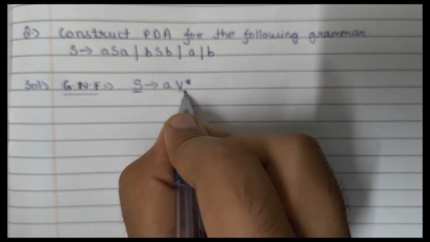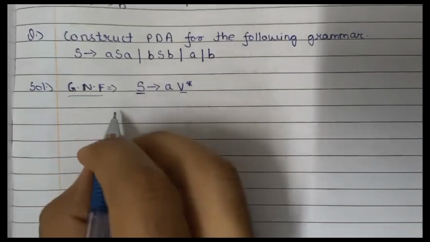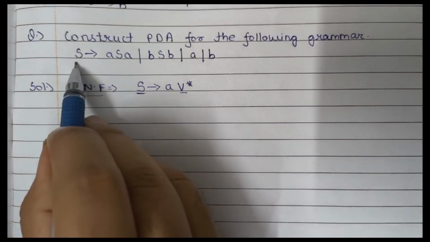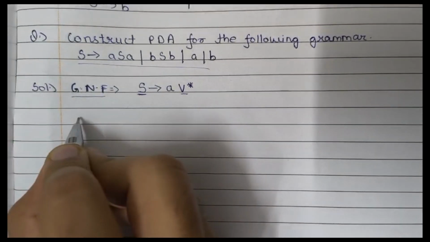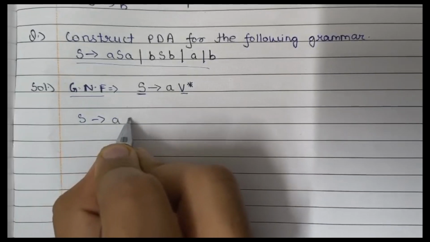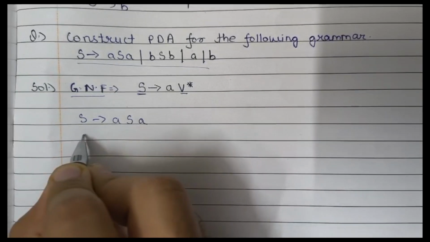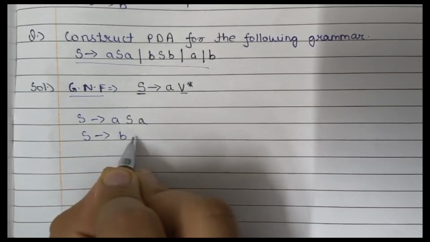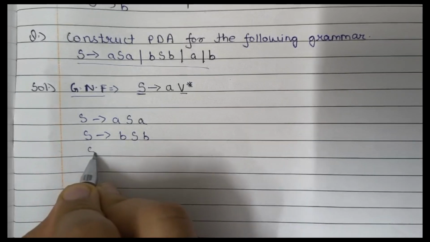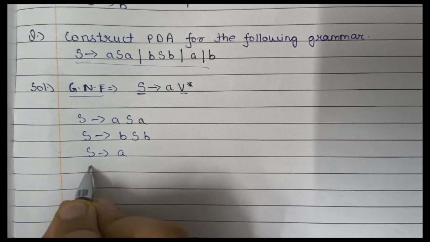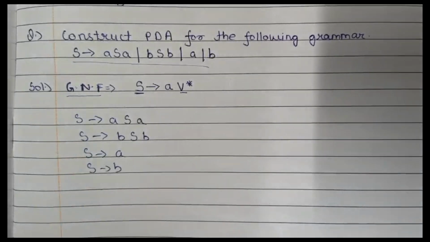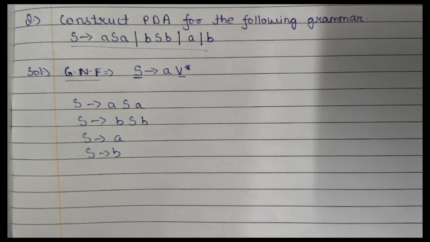We are denoting it with V star. So here if we destructure these rules, we can write them as S produces A S A, or S produces B S B, or S produces A, or S produces B.